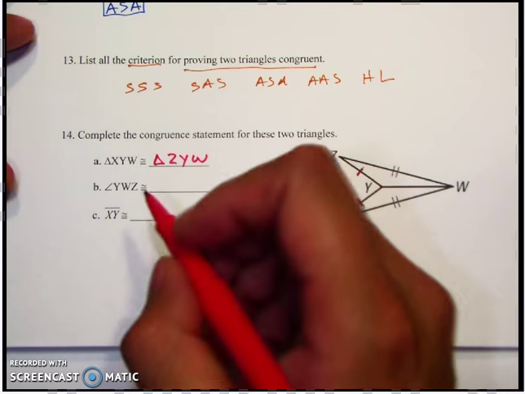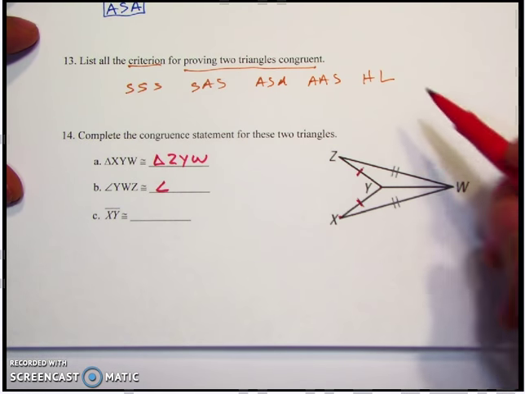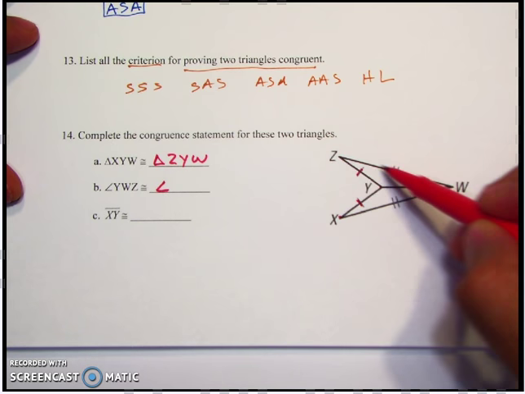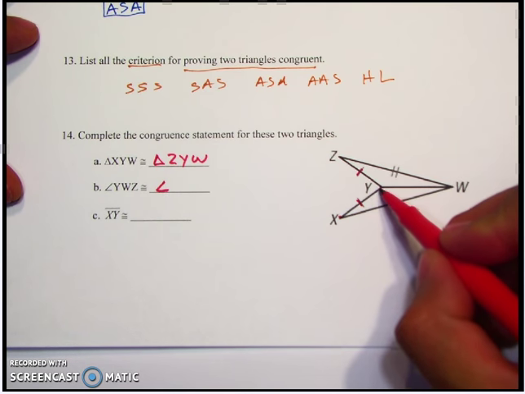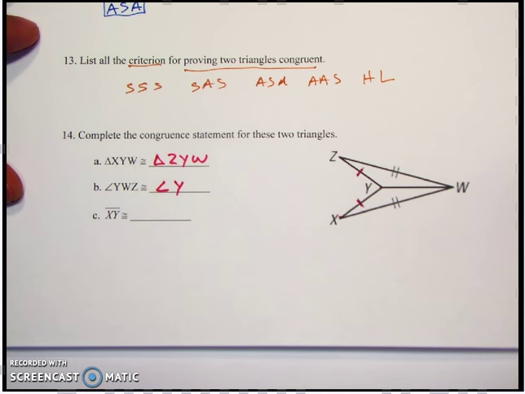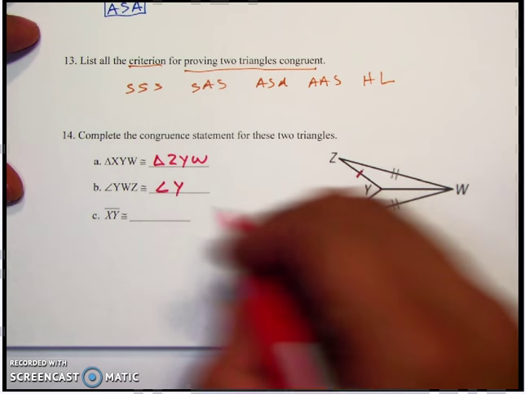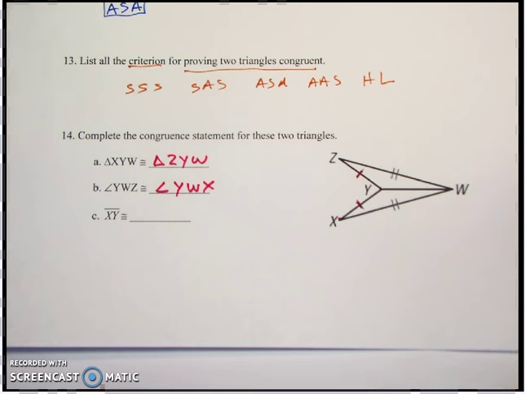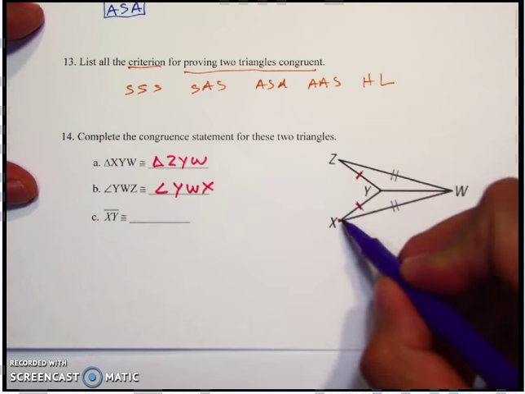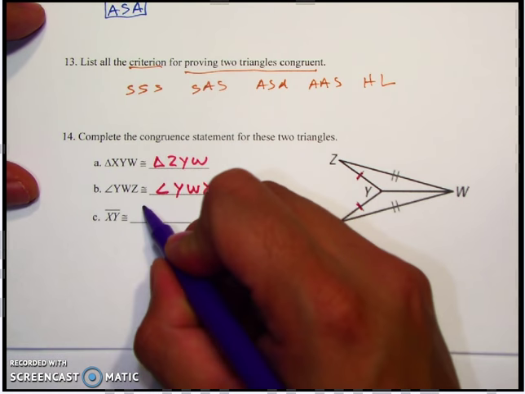So for example, if I want to know angle YWZ, it's congruent to what angle? Let's see, angle YZW. We'll go another way, YXW. Wait, YWZ, my bad. Last one, X1, X1 is right here, so this one should match up, ZY.